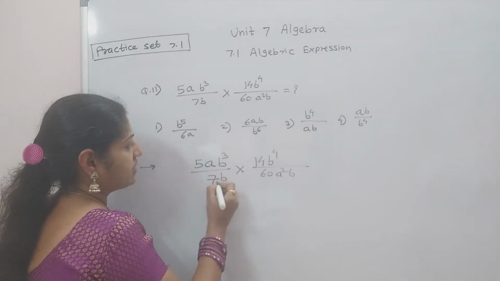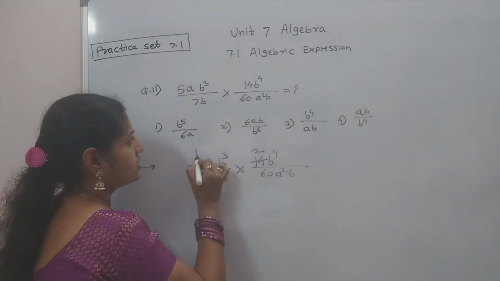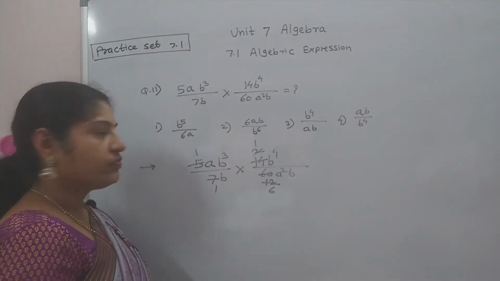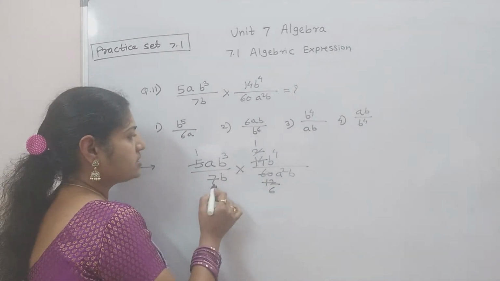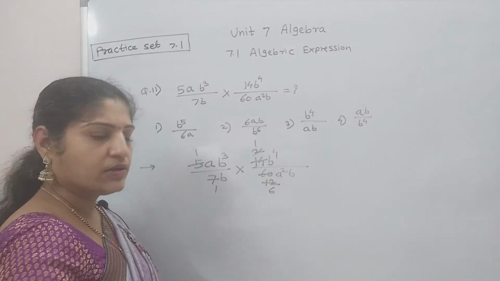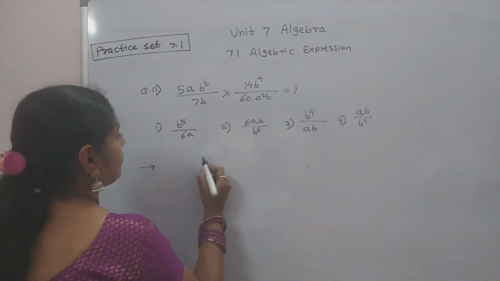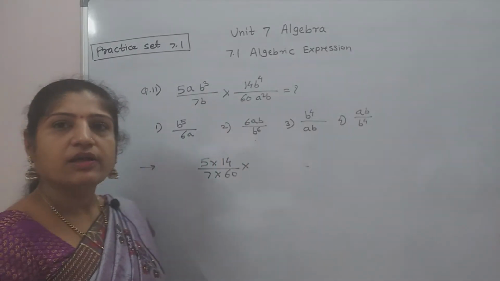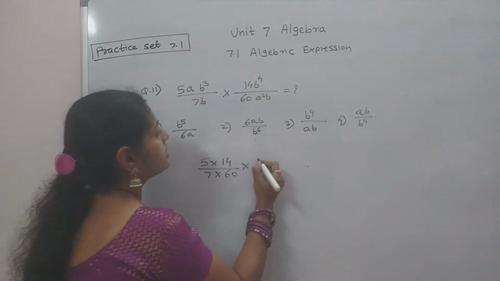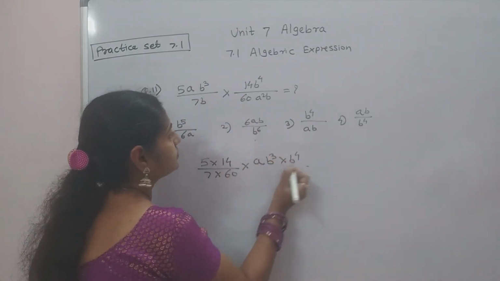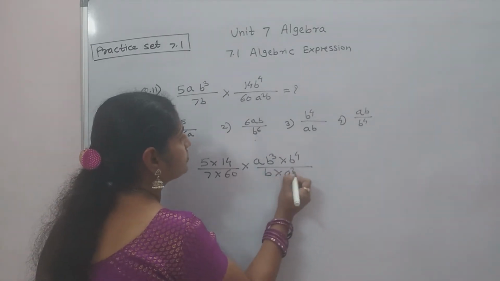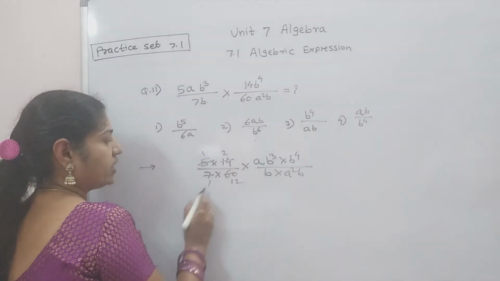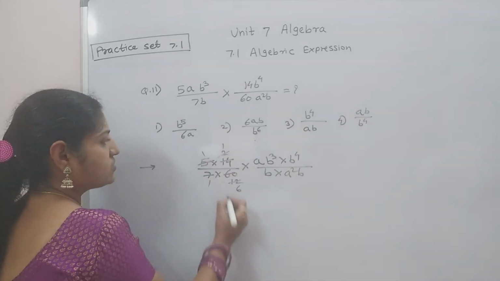First solve the numbers, the coefficients: 5 into 14 upon 7 into 60. 5 ones are 5, 7 twos are 14, 7 ones are 7, 5 twelves are 60. 2 ones are 2, 2 sixes are 12, that is 1 upon 6.